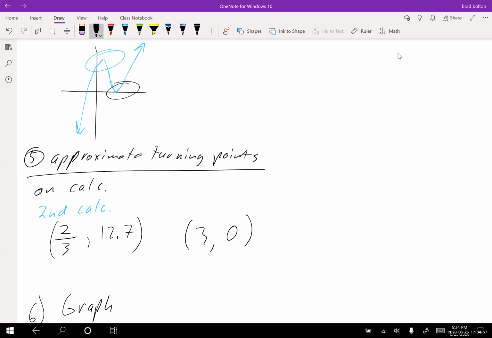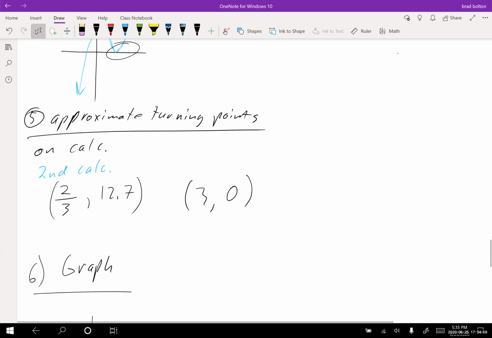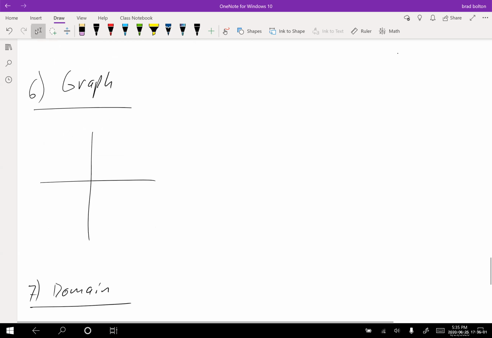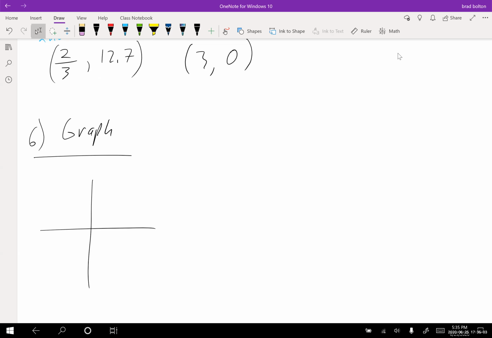Okay, so let me see here. That sounds good. So now I want to try to graph. So I know that I have a 0 at negative 1/2. So if this is 1, negative 1, 2, 3, 4, you know, I probably shouldn't have such big numbers.